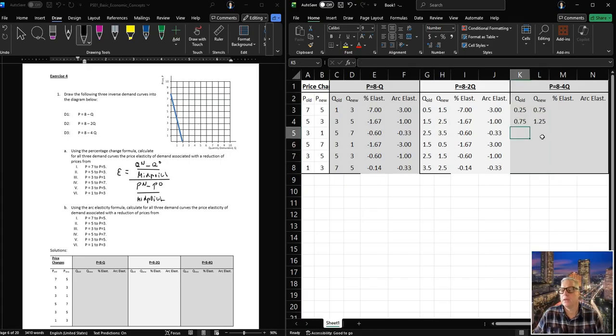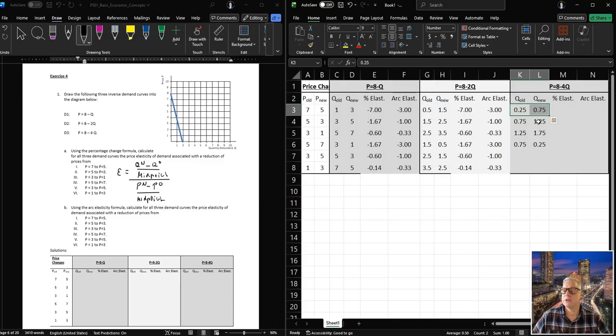Okay. And then the next one goes from 1.25 to 1.75. And then we go backwards again. So from 5 to 7, that would be from 0.75 to 0.25, just like flipping those two.